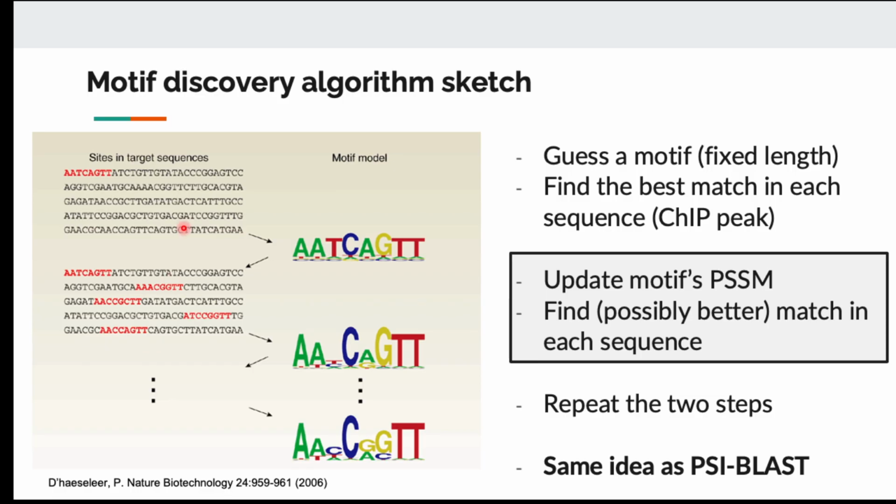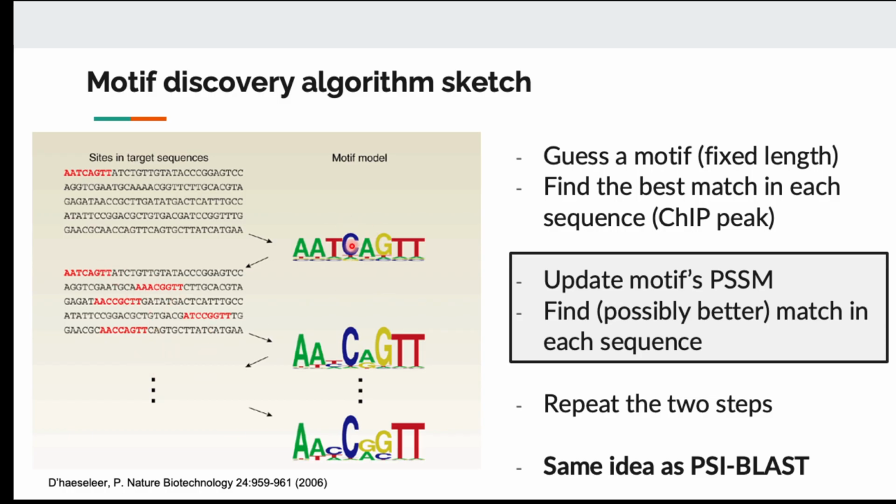But in the beginning, we have no idea. But imagine that you start with a guess. If someone gives you this pattern out of thin air, what you can do, with what we already know from sequence alignment, is find the best match to this pattern in every sequence.